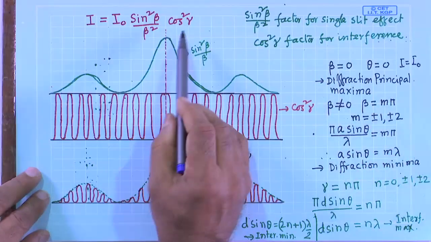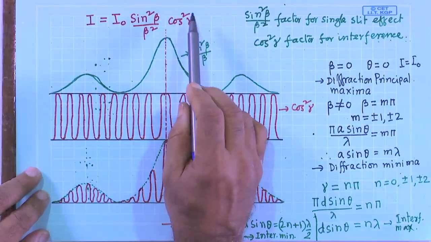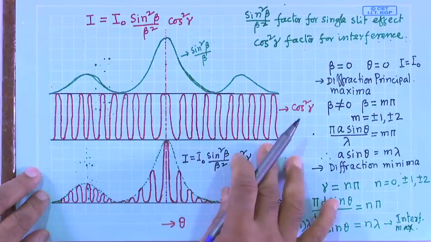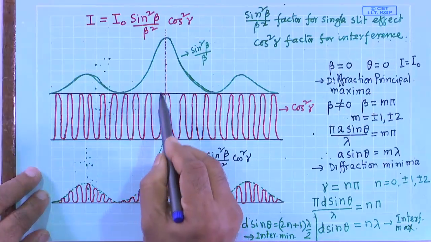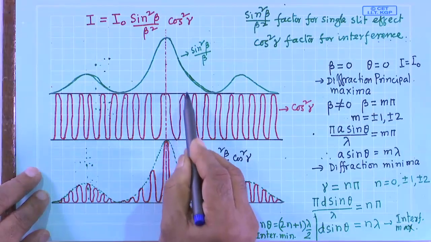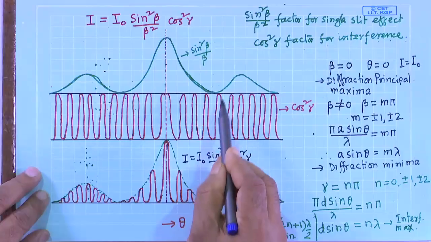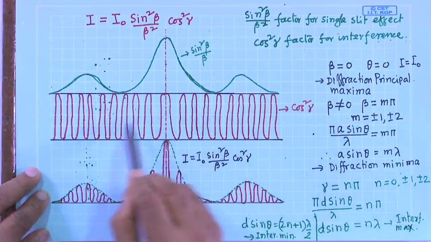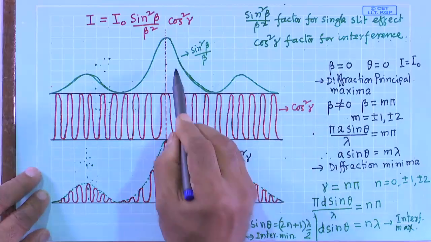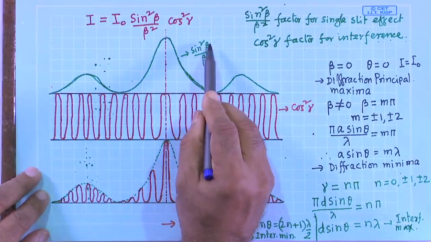And this term cos square gamma, both are functions of theta, that is why I have written it as a function of theta. If you plot it, you will get this type of cos square gamma graph, and this graph is sin square beta by beta square.